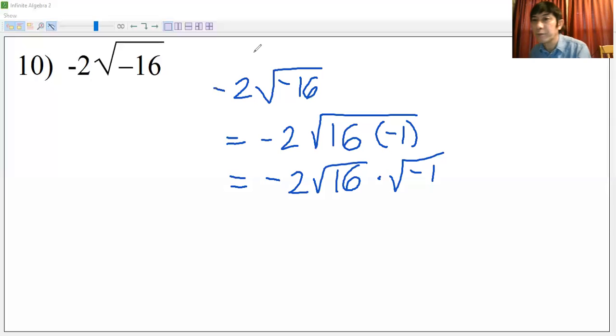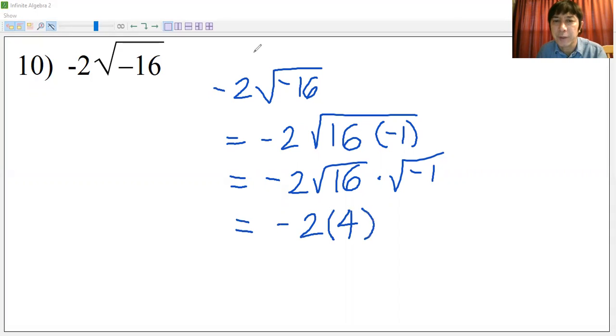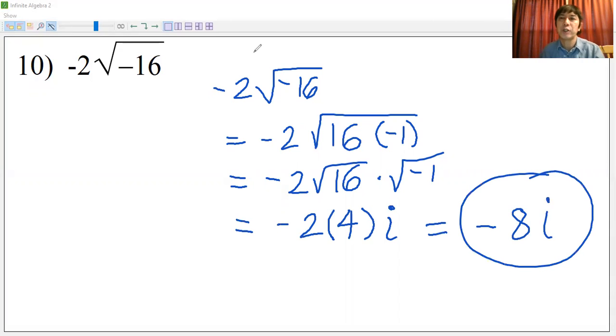The moment you have that square root of negative 1, that becomes i. So this is now negative 2 times the square root of 16, which is exactly 4. Negative 2 times 4, and we have square root of negative 1, that's imaginary. Simplifying further, that is negative 8i. And so this is the simplified version of the given. And so we can verify the answer. Over there, you can see the red answer, negative 8i. So I hope you're learning from the method. If you encounter this, you should be able to simplify it.